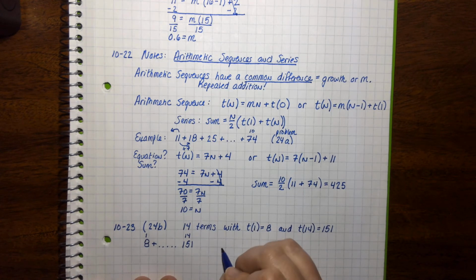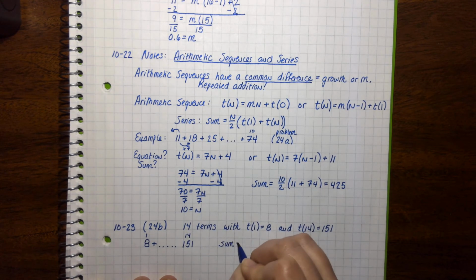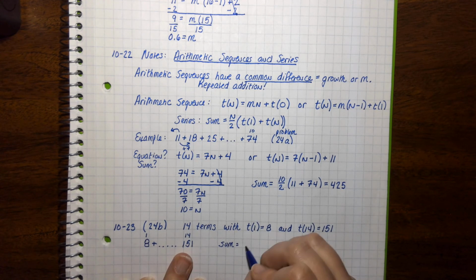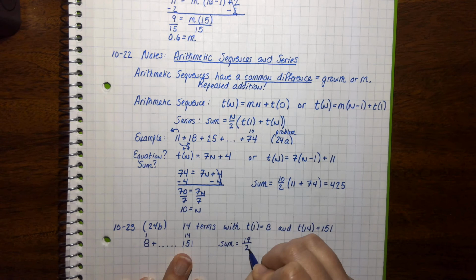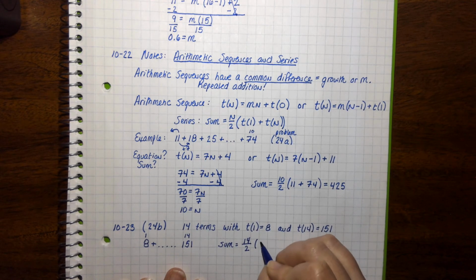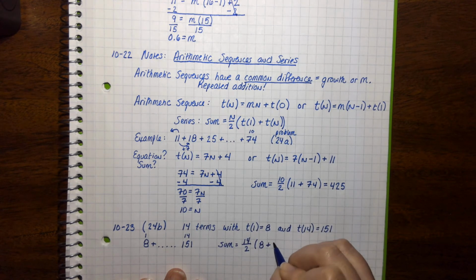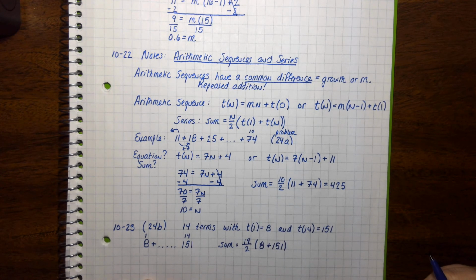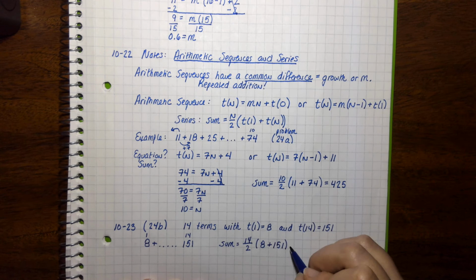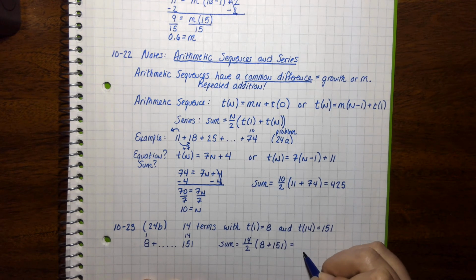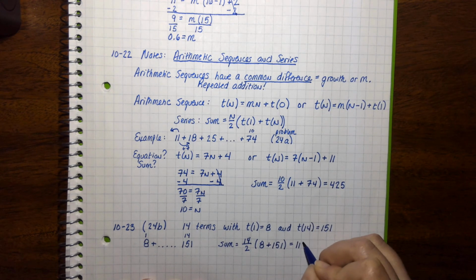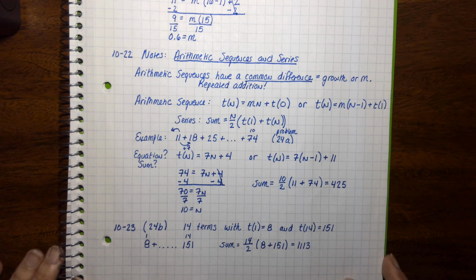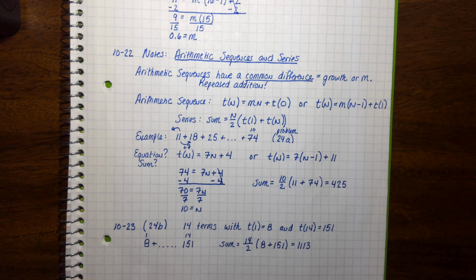This is great. We have everything we need to find the sum. We don't even need to do any fancy algebra. So there's 14 numbers over 2. The first number is 8. The last number is 151. And I have 1,113 for that sum. Hey, I like that one. Okay.